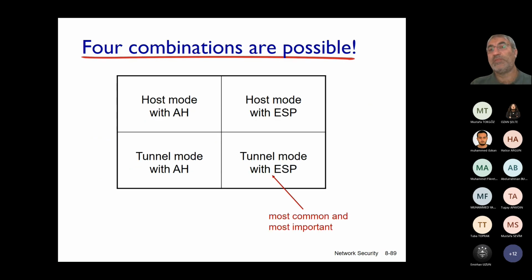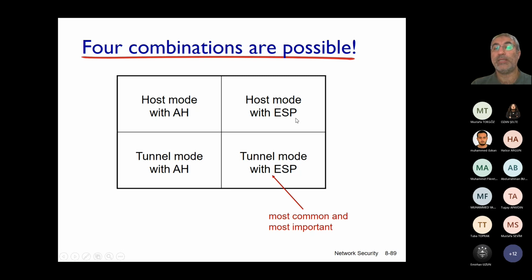There are, of course, different combinations in terms of the mode as well as the protocol that is used. So we have two modes and two protocols, that's why we have 4 combinations. The first combination is IPsec in host mode with the AH protocol, and the second is host mode with the ESP protocol.